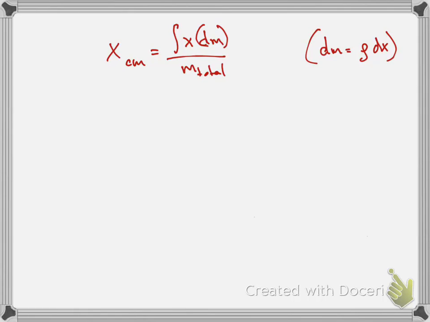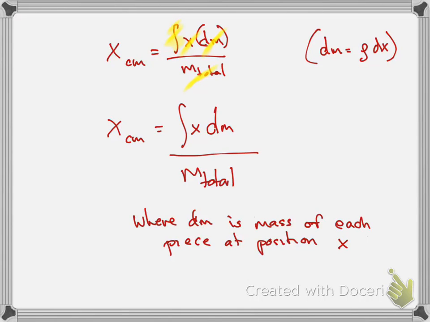That was a special case for constant density, but it's just the position of each piece times the mass of each piece added up for all of the pieces divided by the mass total. So again, the center of mass is the integral of x dm over m total, where dm is the mass of each little piece at position x. This is the same as the finite sum, just written for infinitesimally small pieces added up.